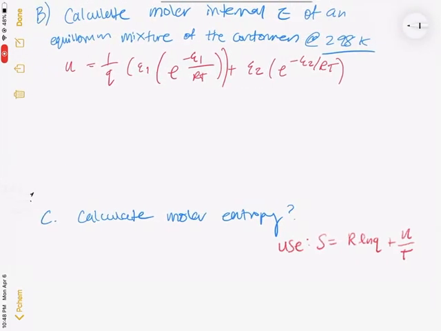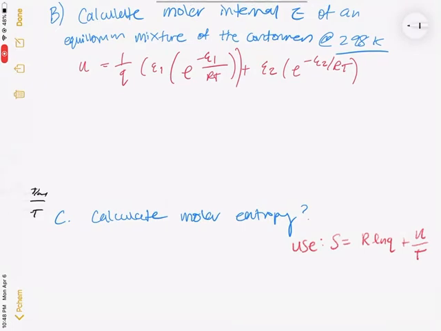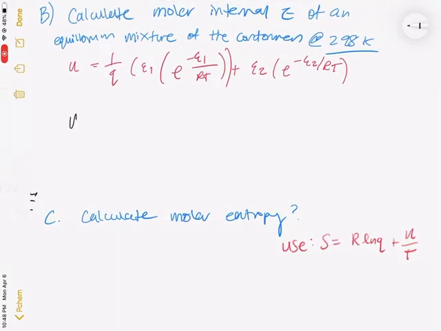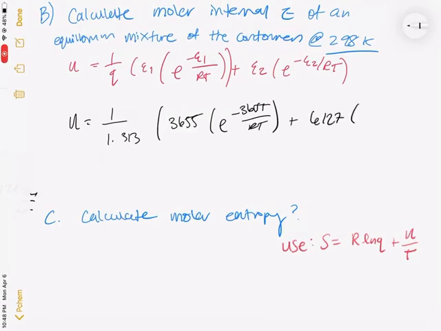The next problem asks us to calculate the molar internal energy of an equilibrium mixture of the conformers at 298 Kelvin. To figure out the internal energy, you have this equation here, and the internal energy is equal to 1 over the partition function, which is 1.313, times the first energy, which is 3655, it's already given, times e to the negative 3655 over RT, plus E2, which is 6127, it's all in joules, times e to the negative 6127 over RT.